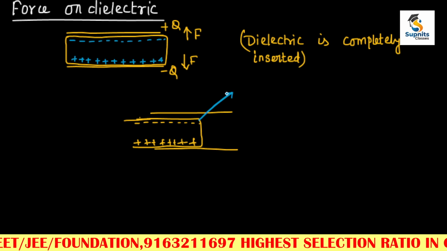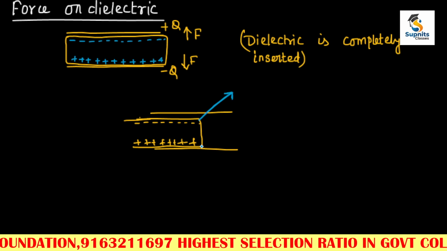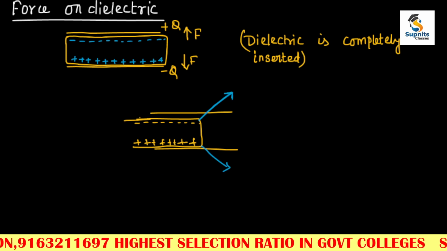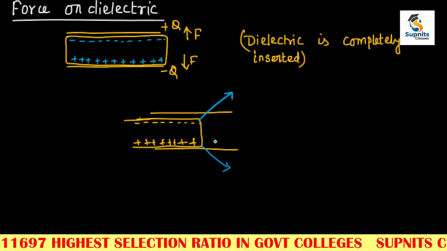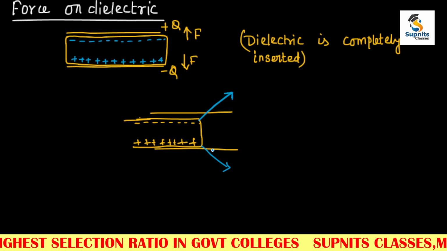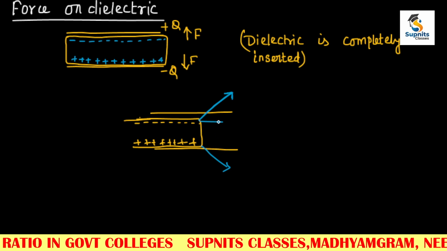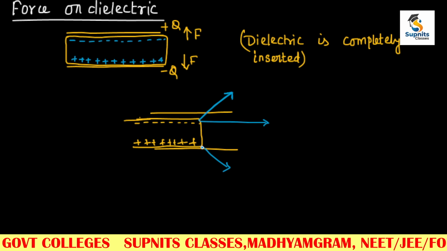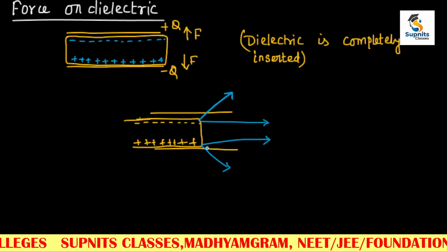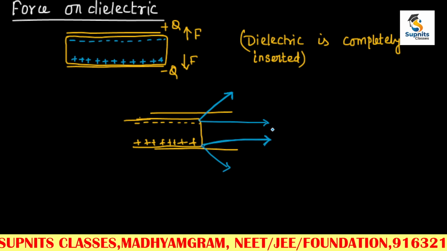You see, the overall force will be like this one. Here also it will be like this one. So in this case, definitely the forces will not get cancelled. Why? Because if you do the component of these forces, one part will be like this and here also one part will be like this, right? So these two forces are going to get added.